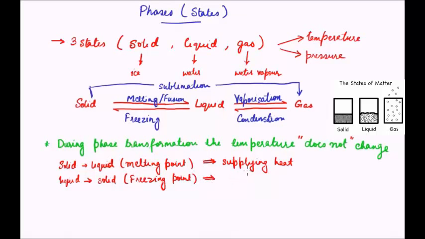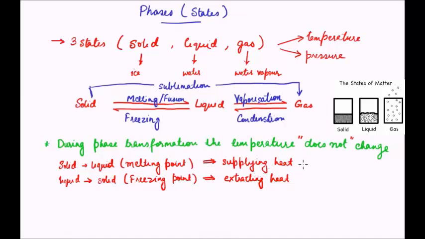So we are not supplying heat, but we are extracting heat away. Extracting heat. And this heat supplied to convert solid to liquid will be exactly equal to the heat extracted away to convert that liquid back to solid.